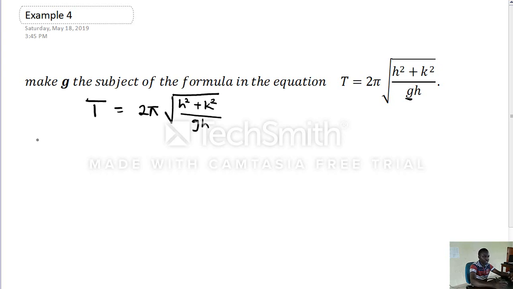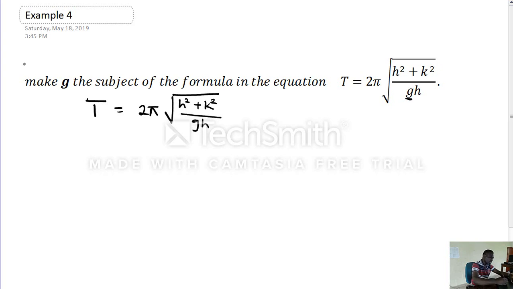In order for me to make g the subject of the formula, being that 2 pi is being multiplied by root h squared plus k squared over gh, I'm going to divide both sides by 2 pi because 2 pi is multiplying h squared plus k squared over gh under the square root sign.